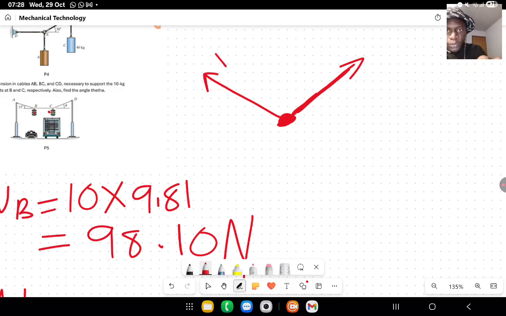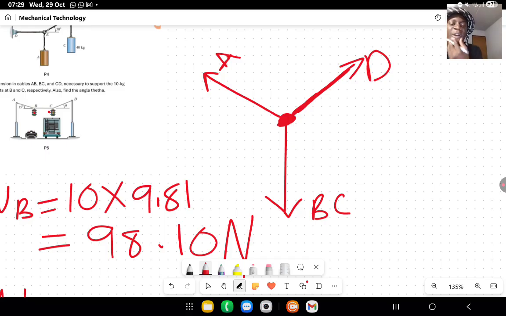Our A, then the combined weight is going down like this.